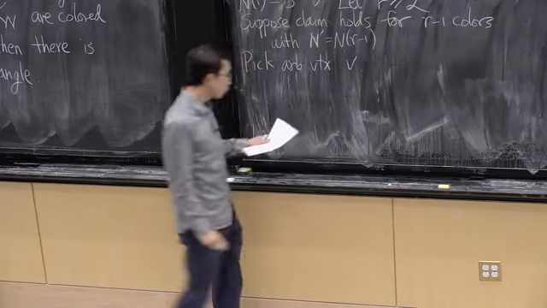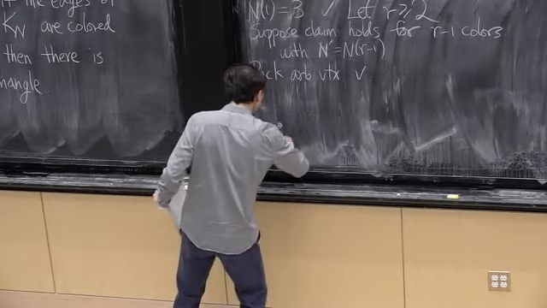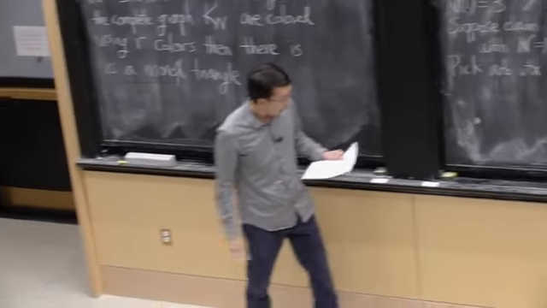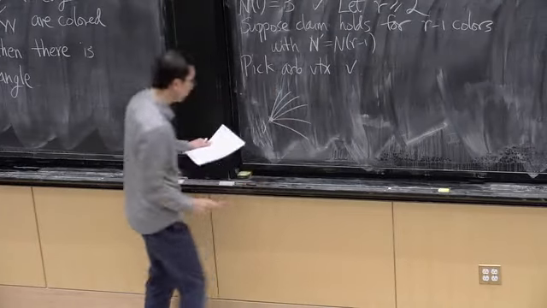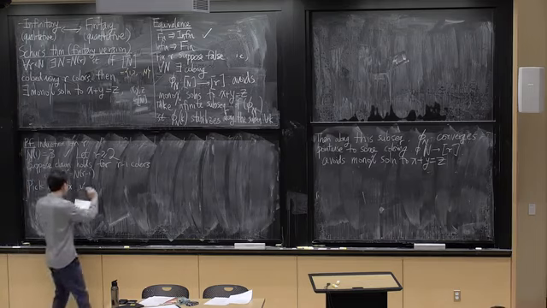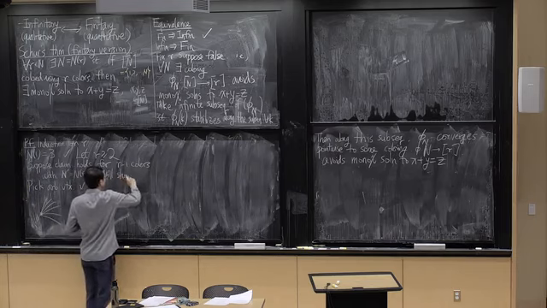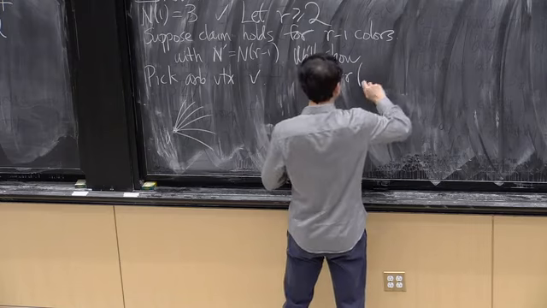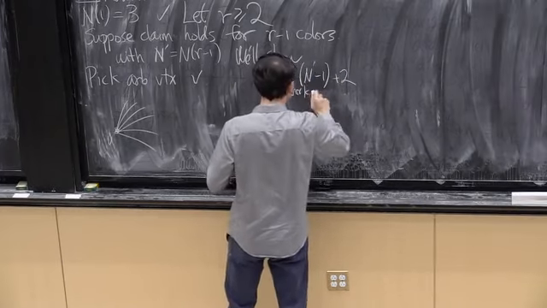Okay, so pick an arbitrary vertex V, and look what happens. Okay, so here's V. And let me look at the outgoing edges. Okay, so we'll show that n being R times (M prime minus 1) plus 2 works.